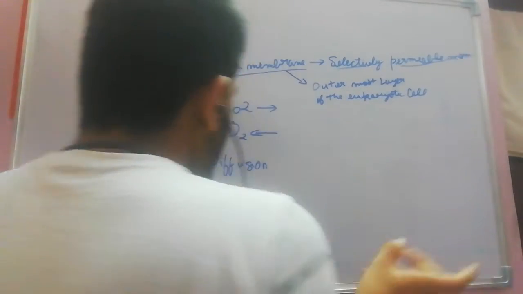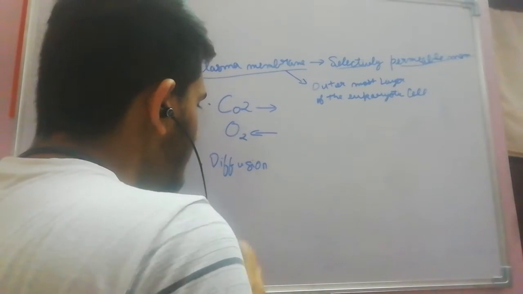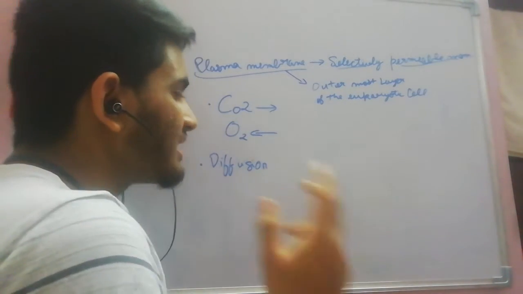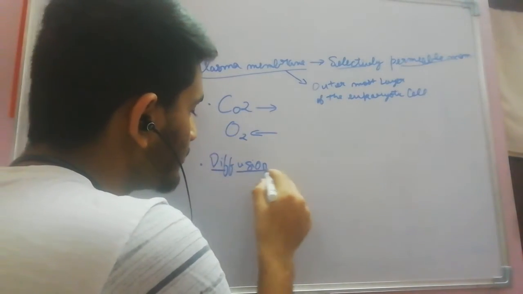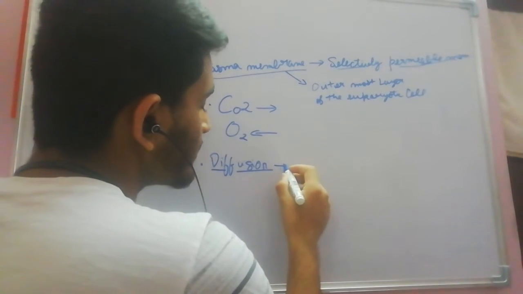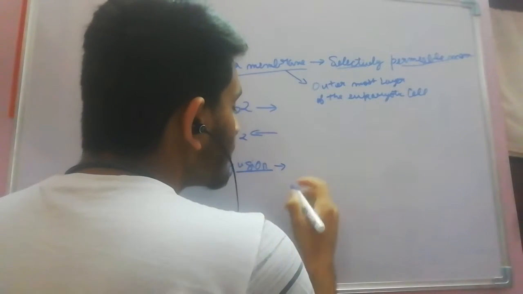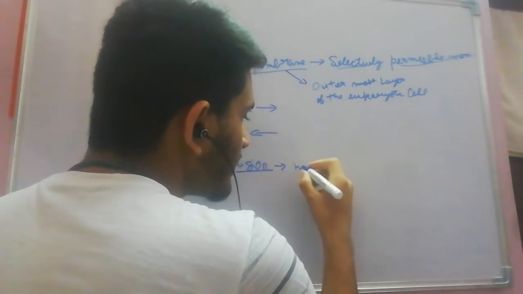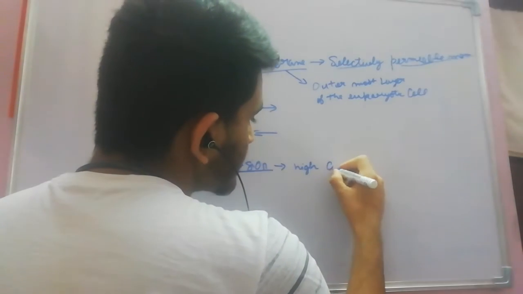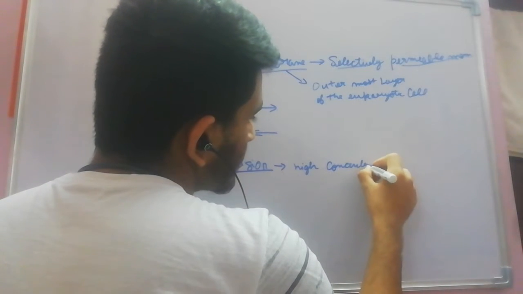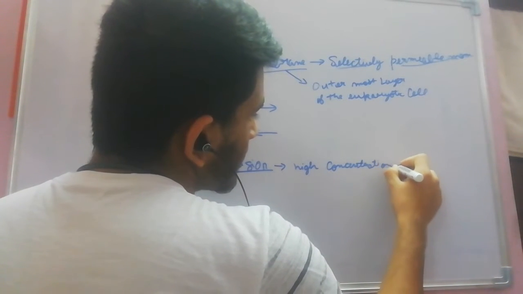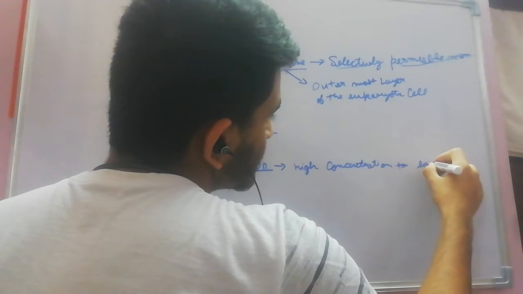Now this coming and going of material through the plasma membrane is called diffusion. Now how does diffusion take place? You know that diffusion is the movement of molecules, or the movement of material, from high concentration to low concentration.